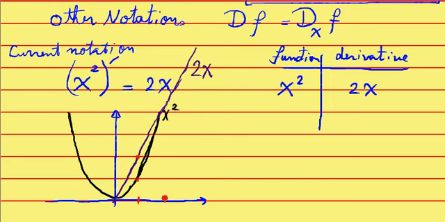If I had taken x to be 2, the function will be 4, because 2 squared is 4. Slope will also be 4, because 2 times 2 is 4. If I take 3 as my input, the function will be 9, but slope is going to be 6, and so on. So we have simultaneous access to what the function is and what its derivative is.